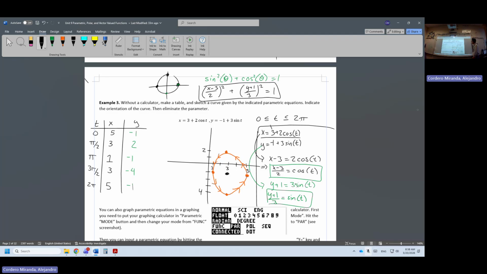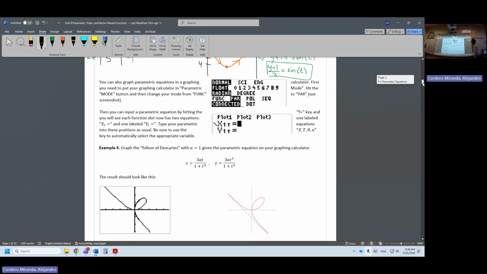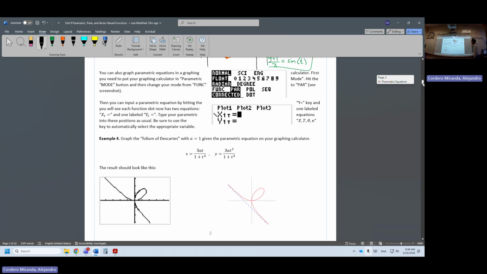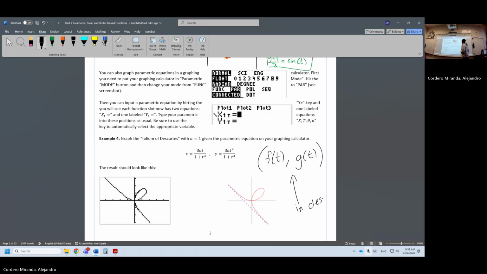Cool. So that's the work we got to do. Then this right here, if you have a TI calculator, tells you how to put in parametric equations. But most of you will probably be using Desmos. So let me show you real quick how to put this in Desmos. In Desmos, you'll just put in the x equation and the y equation separated by a comma.